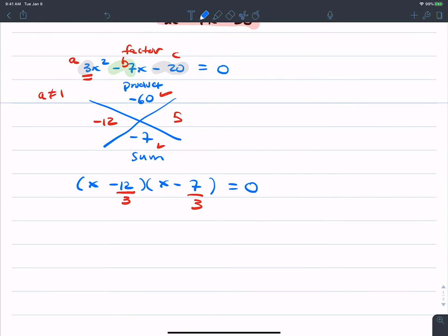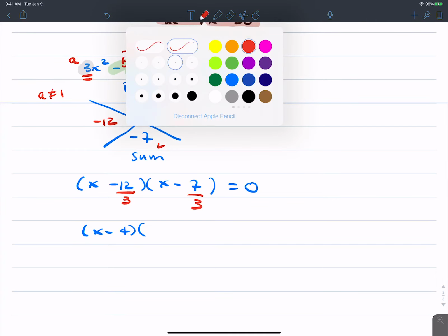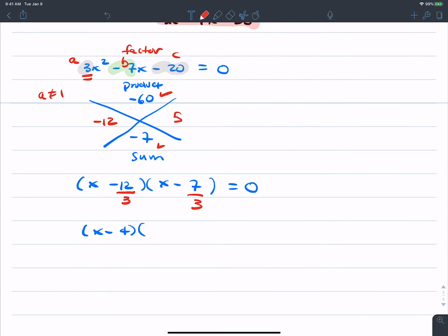Remember, we always divide by the a value. So this will be x minus 4 here. However, when I take the 7 and divide by 3, I don't get a whole number. So we're going to put this 3 up here. So that gives us now a 3 times that x minus 7, and then this will equal 0. So this is how we factor. And let's be careful here.